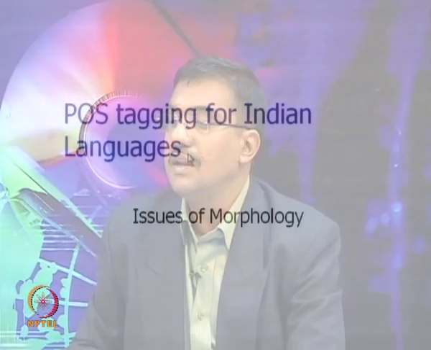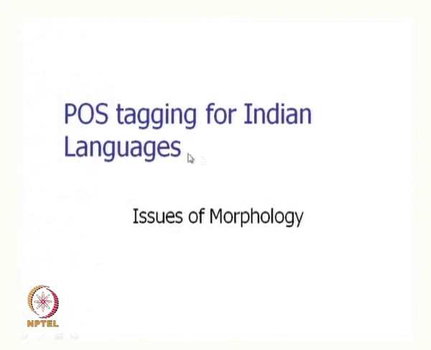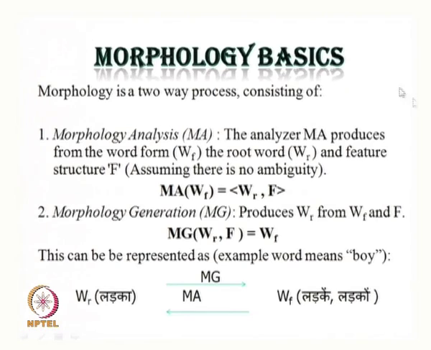Now, we will continue with the morphological analysis discussion. The goal of this discussion is part of speech tagging for Indian languages, and since Indian languages are morphologically rich, words transform into many different forms, we have to discuss the issues of morphology. Here are some basic points about morphology, which are very fundamental. Morphology is a two-way process consisting of morphology analysis MA.